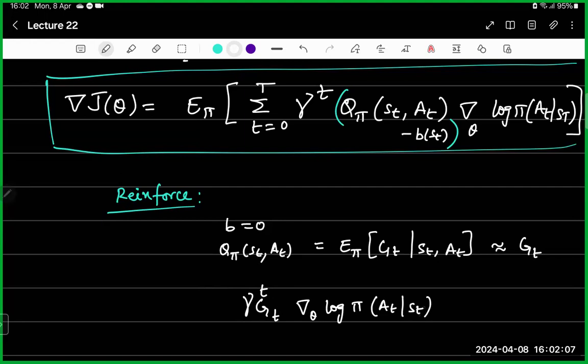So this is what you'll use as the gradient. Okay. So what will be our update rule? Theta new equals theta old plus some small constant times this thing. Okay. Is this clear?